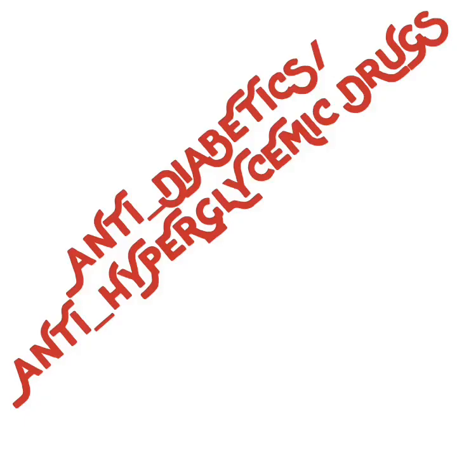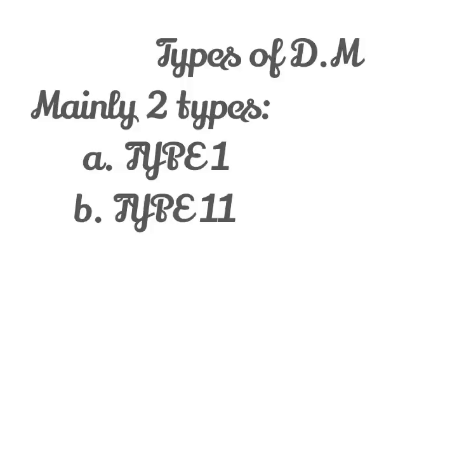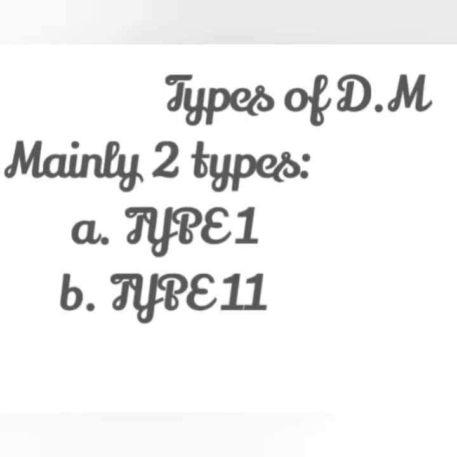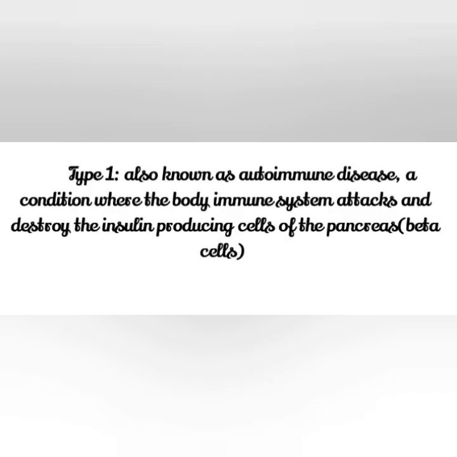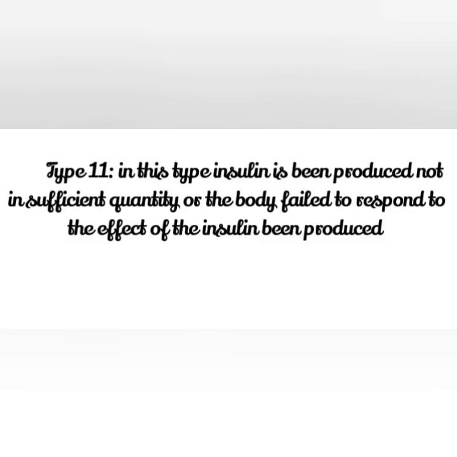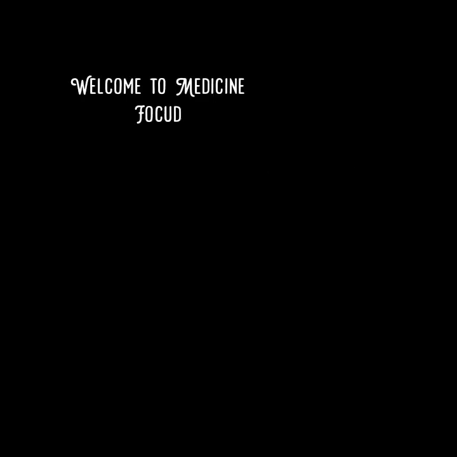It is a pathological condition in which the pancreas is not able to produce or secrete insulin, or the insulin is produced but the body fails to utilize it. So insulin may not be produced by your pancreas, or it is produced but your body fails to respond to its effect, which leads to elevated blood glucose or blood sugar, medically referred to as hyperglycemia.